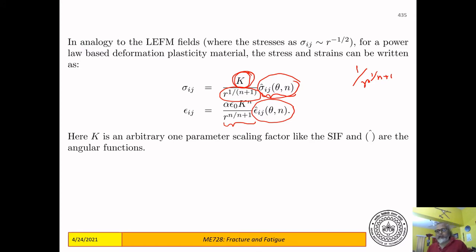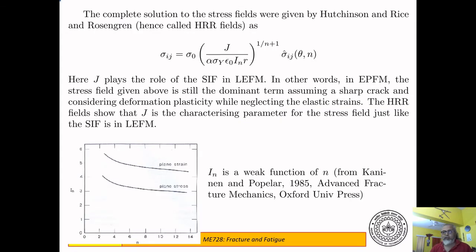That separable solution is, however, somewhat more complicated than what I have written here, and we cannot develop the full form in this course for paucity of time, but I'll give you the full form and try to explain this variation in front of the crack tip. It's exactly analogous to the elastic solution that we have figured out earlier, the Williams solution.